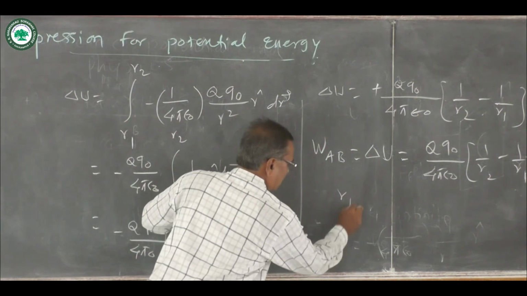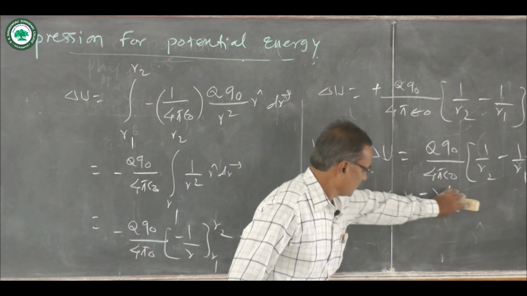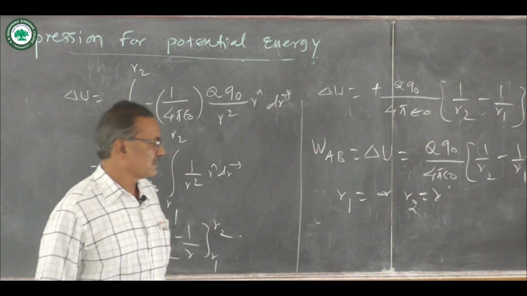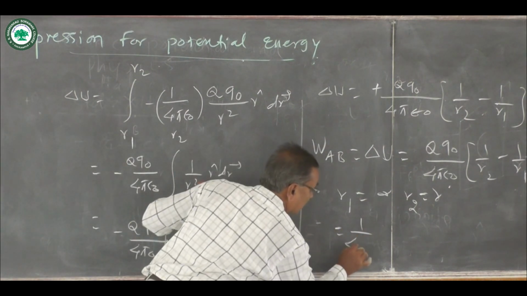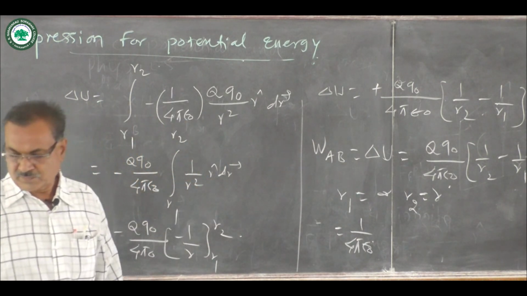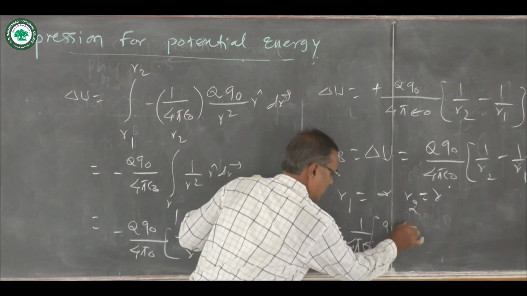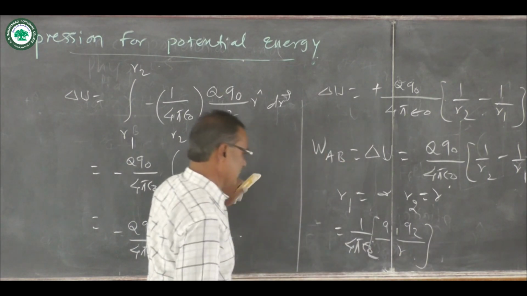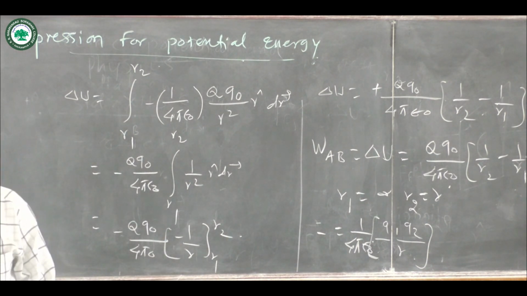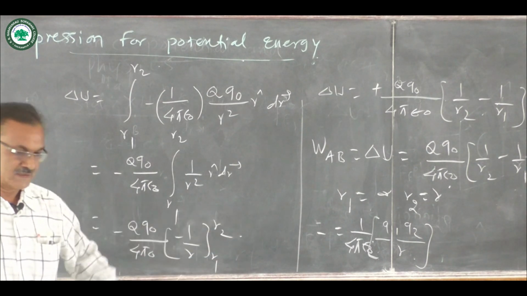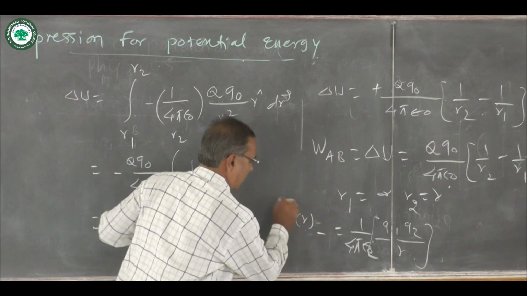Suppose R1 distance is infinite distance, and R2 is equal to R. So therefore, you can find out 1 upon 4 pi epsilon naught, product of magnitude of these two charges, suppose Q1, Q2, distance is R. So this is the potential energy of the system of two charges Q1 and Q2 separated by distance R. So it is denoted by potential energy U of R.